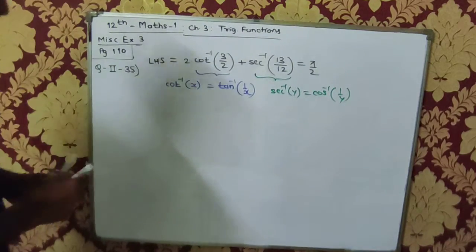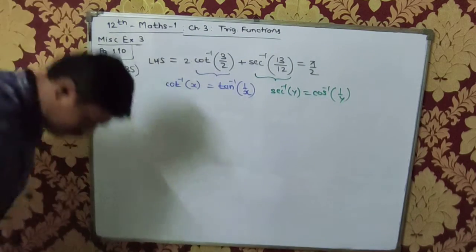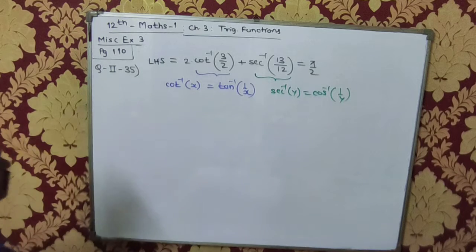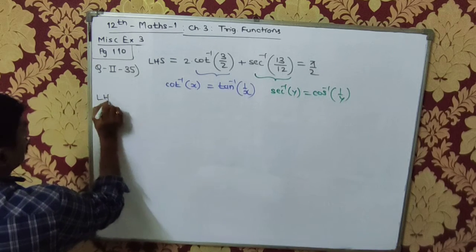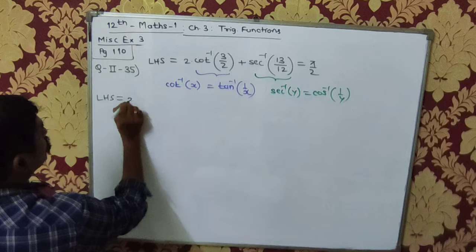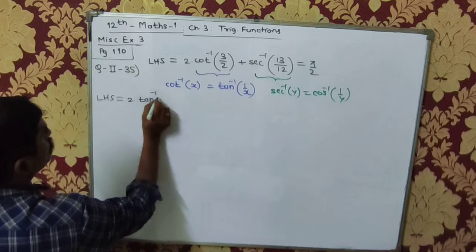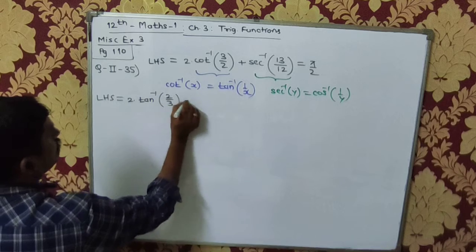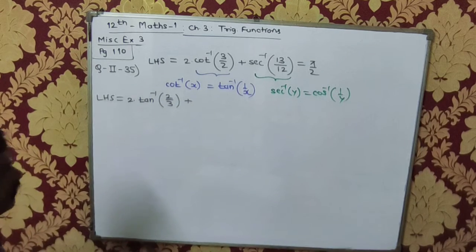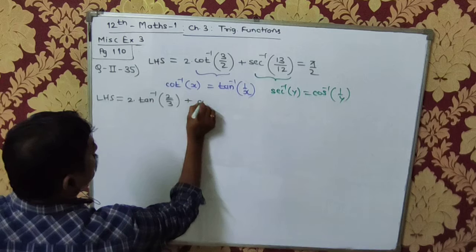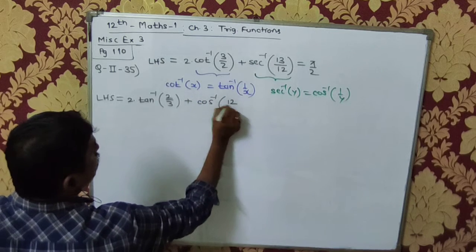Okay, and let us continue with LHS. So LHS is equal to 2 times cot inverse, convert it to tan inverse, so this is tan inverse of 2 by 3, and convert sec inverse to cos inverse, so this is cos inverse of the reciprocal, 12 upon 13.